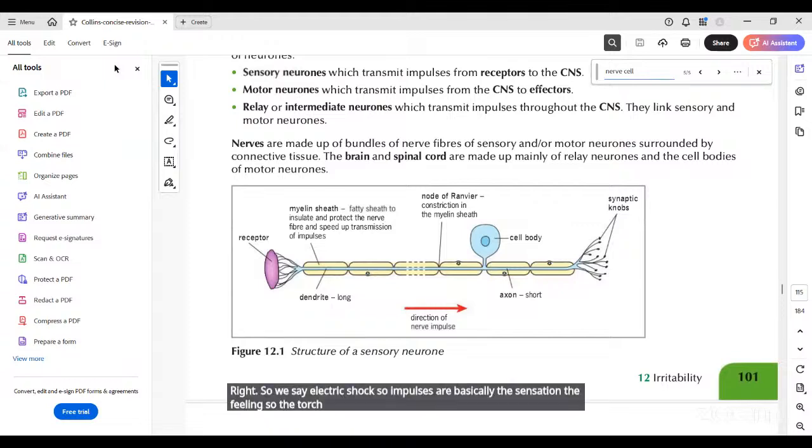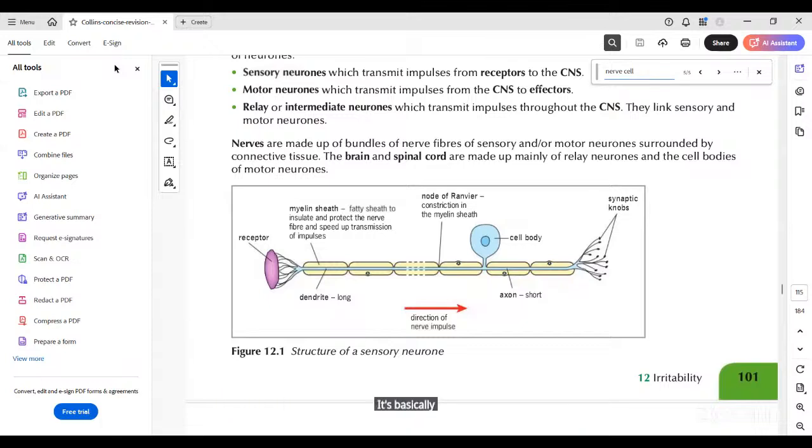Anything that you're feeling. So let's say you step on a needle, that's the impulse. Let's say you touch fire. It transmits messages. Right, so the impulses are the messages. Excellent. Thank you for that term. Nice, the messages. Right, so whether cold, hot, whatever.